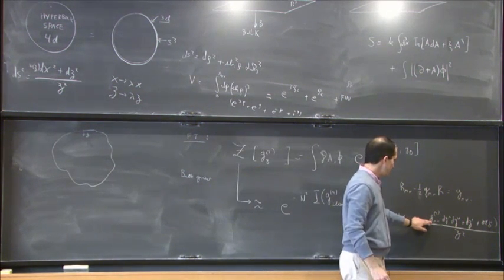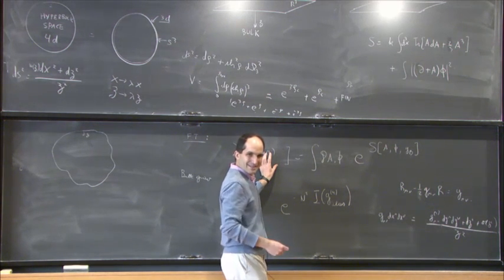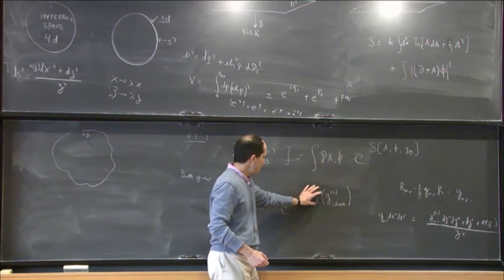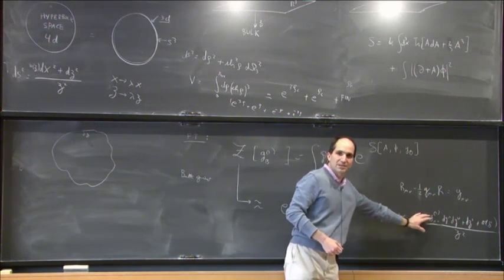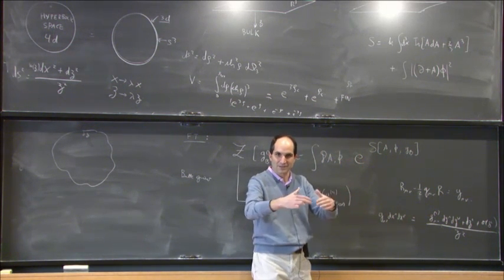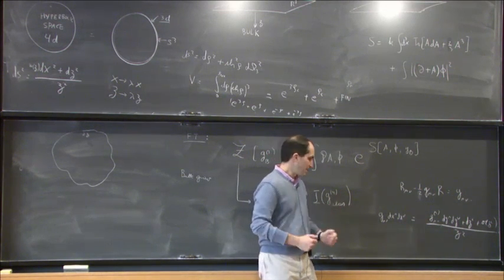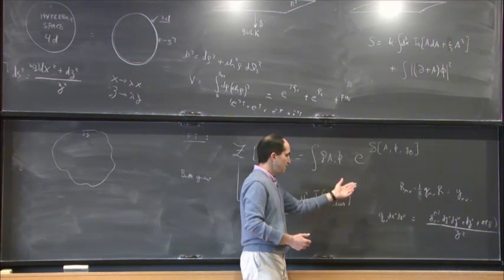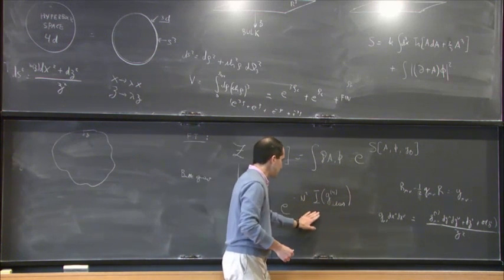This is the 3-dimensional metric that was our data. So that was the thing we are trying to compute: a function of this 3-dimensional metric. And this number will depend on this 3-dimensional metric through the boundary conditions for this problem. So we are solving a differential equation with boundary conditions and evaluating the action, and the value of the action for the solution of the equations will depend on that boundary metric. Right? And that's what we're doing here.